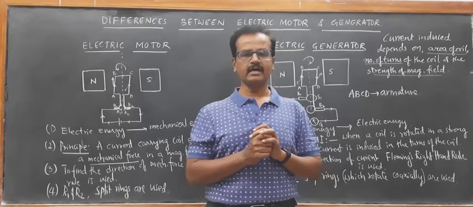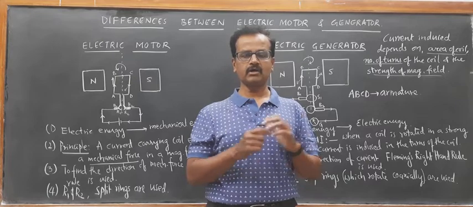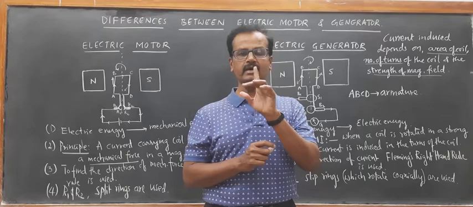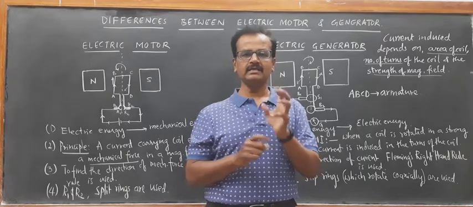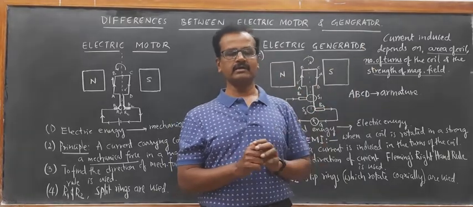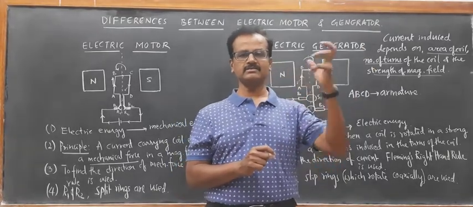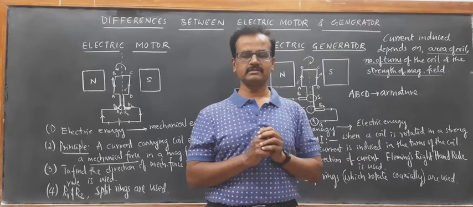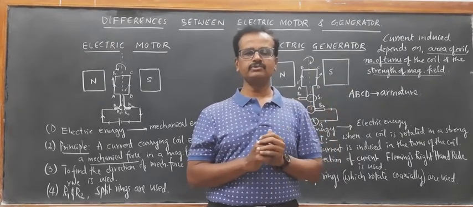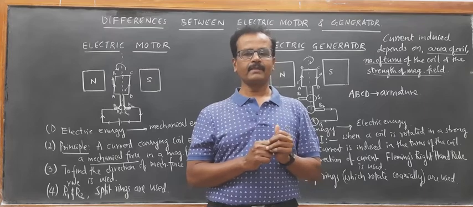You have studied I squared R t. Loss of power due to Joule's heating effect is given by I squared R t, where I is the current and R is the resistance of the connecting wires. So naturally, when the distance is quite long, there will be huge loss of electric power.